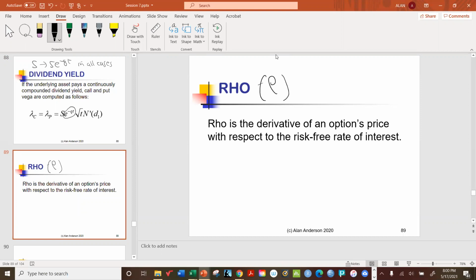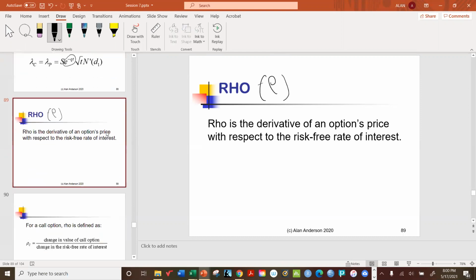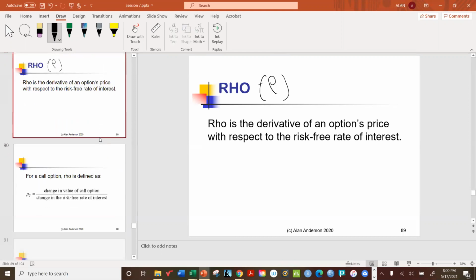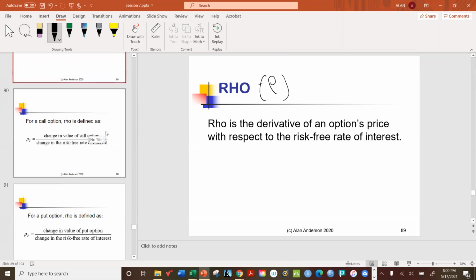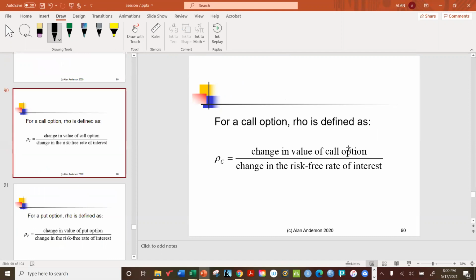I mean, option values depend on interest rates, just like every other asset in the economy. So formally, we'll define it. And just like all the other ones, the call rho is the change in the value of the call due to a change in the risk-free rate of interest.